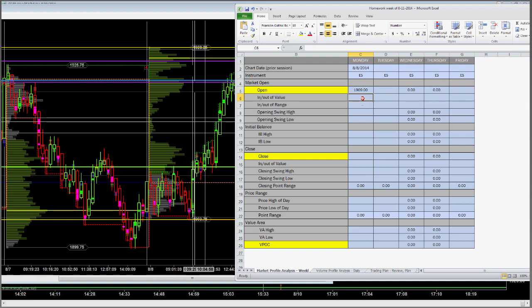And so I just put inside and inside as comments. All right, and then I want my opening swing high and my opening swing low. For our opening swings, I've got to go back to our chart from Friday here.